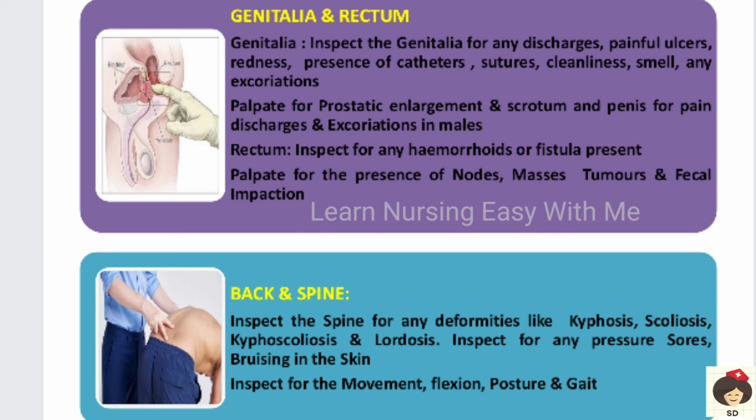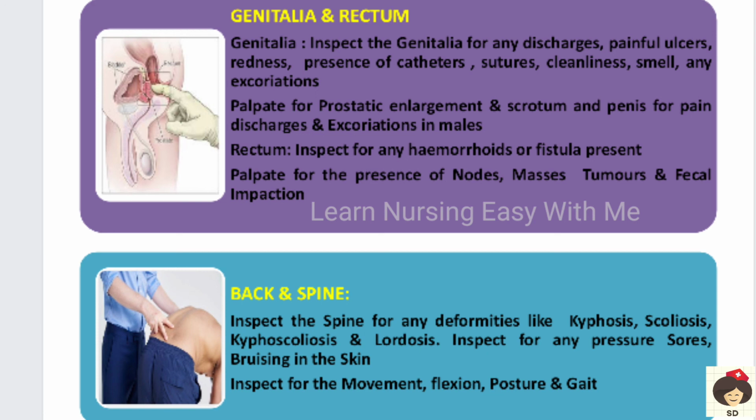You have to assess the sutures, whether they are healthy, etc. And then you have to check for cleanliness or any smell or any excoriation. Excoriation is infection in the genitalia. Usually with sexually transmitted diseases, a person will have severe excoriations in the genital area.